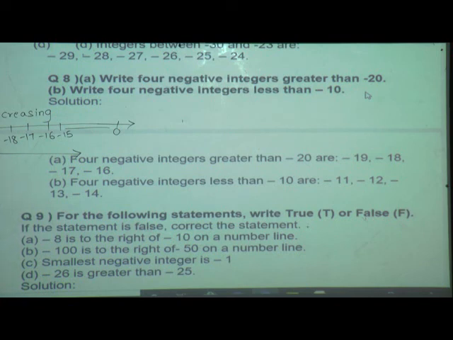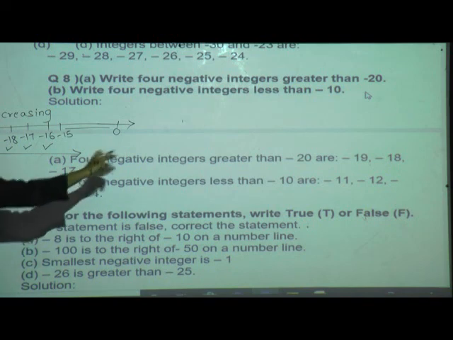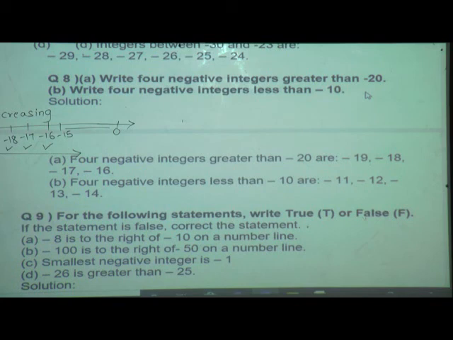So the answer is minus 19, minus 18, minus 17 and minus 16. Why have we taken this and not the other side? Because the numbers moving towards the right side are in increasing order.